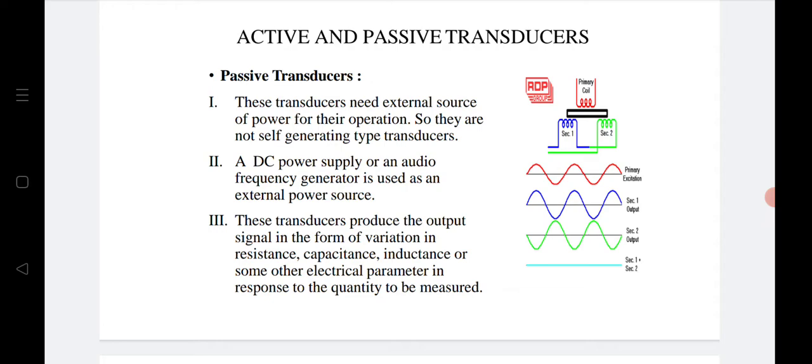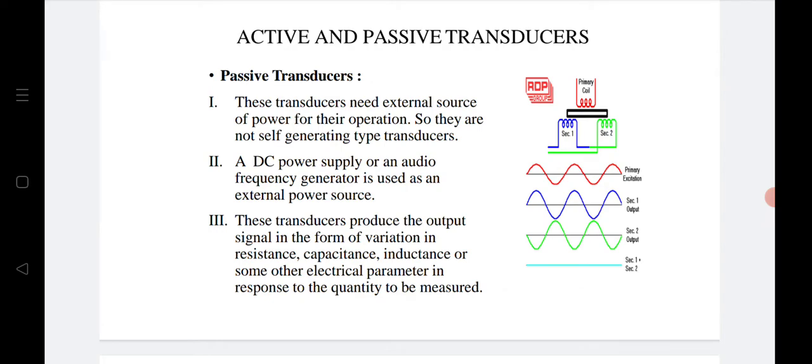These transducers need an external source of power for their operation, so they are not self-generating types of transducers. Passive transducers are not self-generating. We require an external power source to perform their operation.